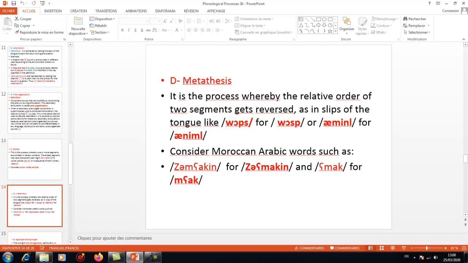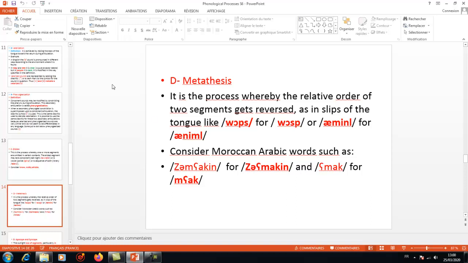Now, another process is metathesis. It's the process whereby the relative order of two segments gets reversed, as in slips of the tongue, like wops for wasp or aminal for animal here. Here we are just swapping one sound for the other. We are just changing the order of sounds.